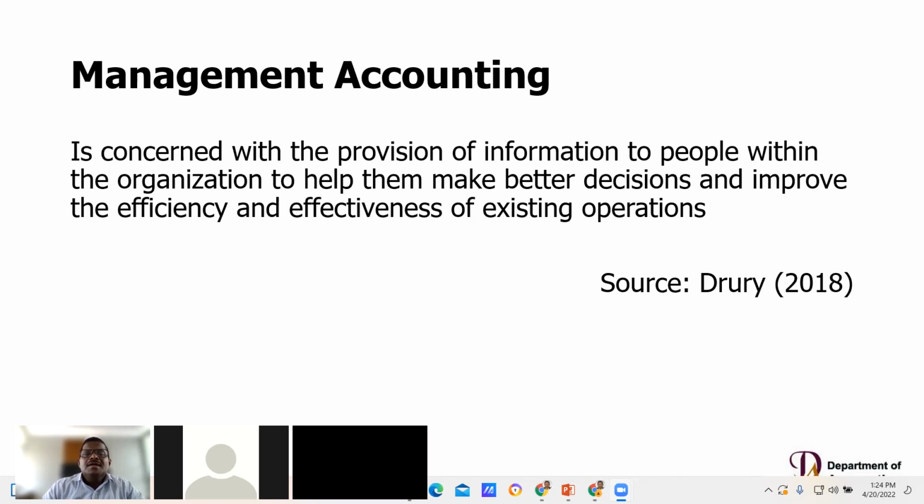So management accounting is a kind of tool. You can say management accounting is a tool which helps managers to improve the business and get the competitive advantage. It helps you to implement strategies and plans, to control your resources, and to evaluate your performance. So you can describe management accounting from different perspectives.